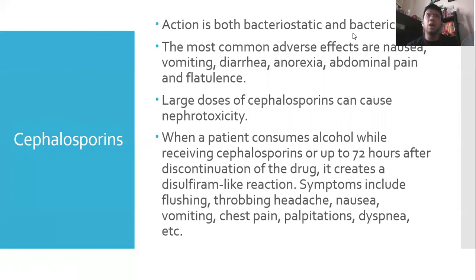Or if they stop taking cephalosporins, let's say the doctor has prescribed cephalosporins for at least 14 days, once they finish the 14-day period, they should wait up to 72 hours after discontinuing the drug.